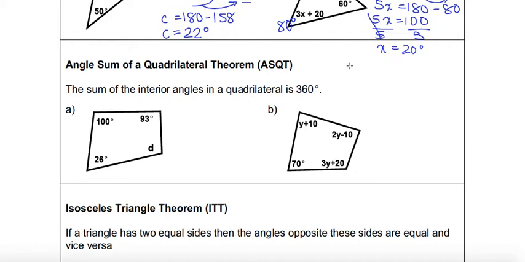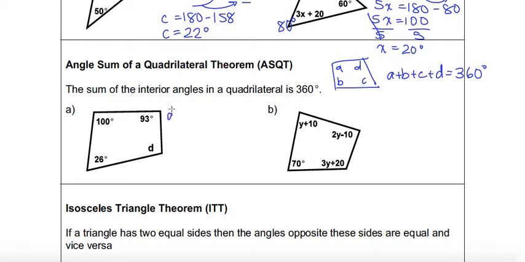So if I have a random quadrilateral and I label each of these angles in here A, B, C, and D, then A plus B plus C plus D is equal to 360 degrees. So if I'm using that information to solve for my missing angle, or in part B, missing angles, I'm going to use that information that I know.